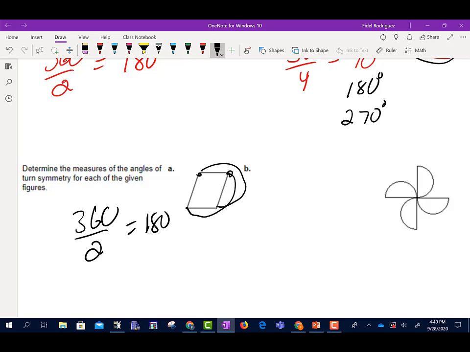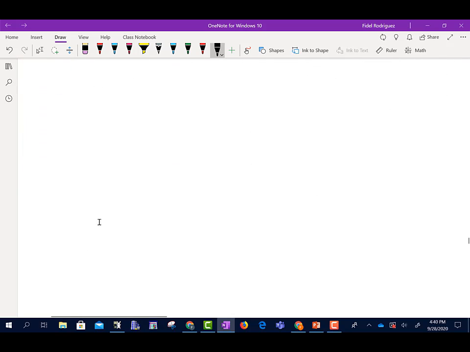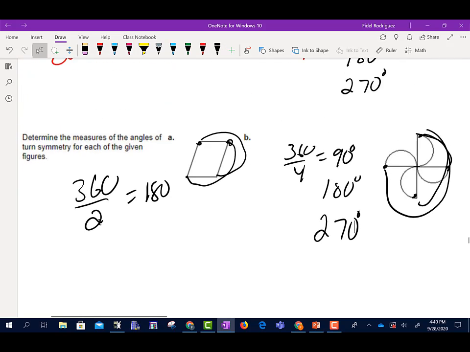Okay. This one here, again, because my points are the same, I can take 360 divided by 4. That's 90. That's rotating it there. Another 90 would be rotating it here. And another 90 would be rotating it there. And those are my angles, right? Okay, and that was 11.2.